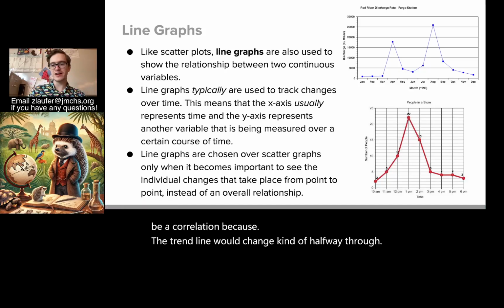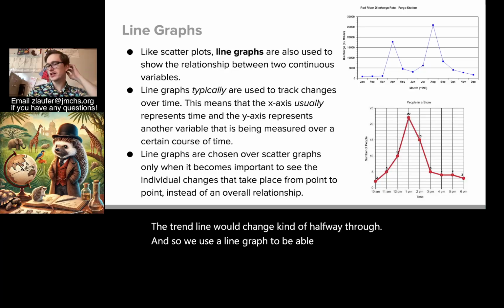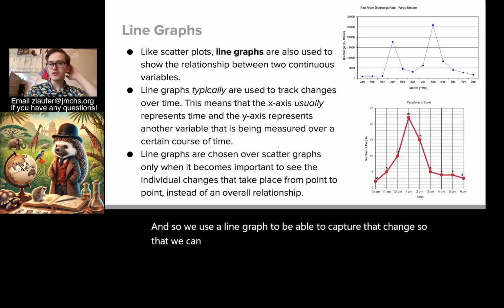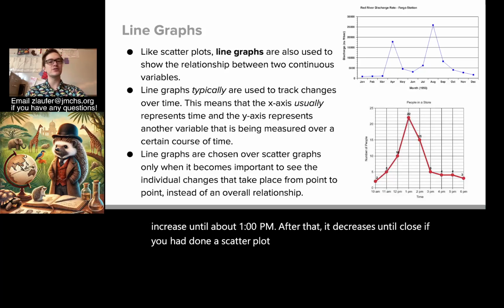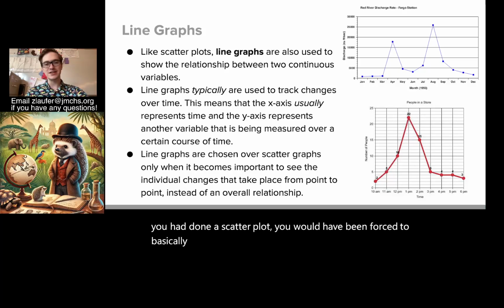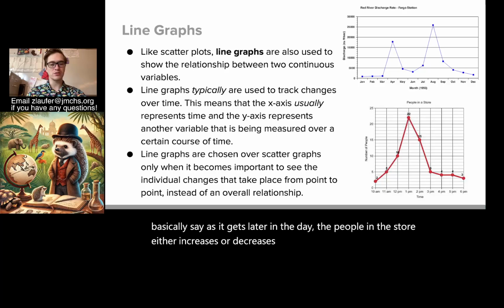And so we use a line graph to capture that change so that we can say, oh, the number of people in the store tends to increase until about 1 p.m. After that, it decreases until close. If you had done a scatter plot, you would have been forced to basically say, as it gets later in the day, the people in the store either increases or decreases. So it's a little bit more limited.